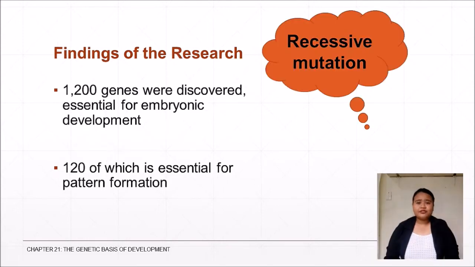To get around these problems, these two smart researchers focused their study on recessive mutations that can be propagated to form heterozygous flies. Findings identified 1,200 genes essential for embryonic development, 120 of which are essential for pattern formation that can lead to normal segmentation.